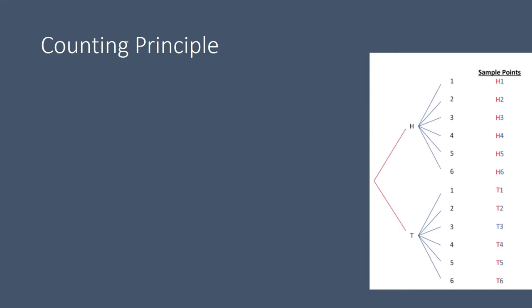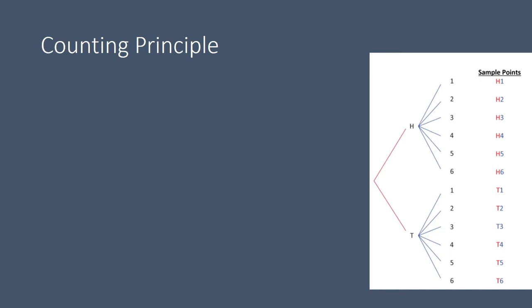In most cases, it's not practical to list them, especially when you are talking about experiments that will yield many outcomes. Instead, we are more concerned with the size of the sample space. When you say size, it means how many elements you have in the sample space.